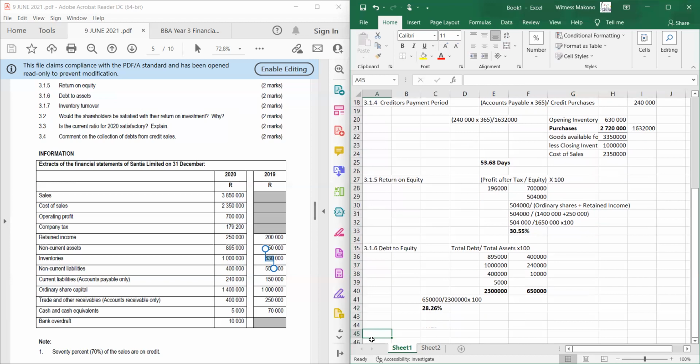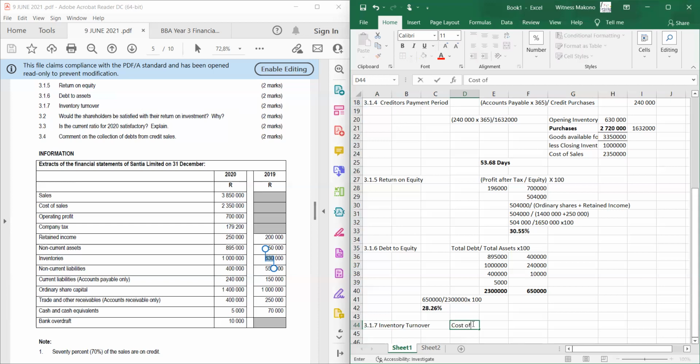The next one is inventory turnover. 3.1.7 talks about inventory turnover. So inventory turnover is how many times you sell your inventory. So the moment you, okay, how to calculate it? It's cost of sales divided by average inventory.